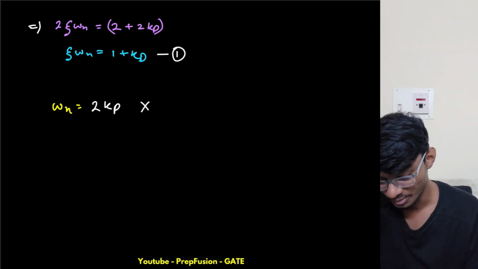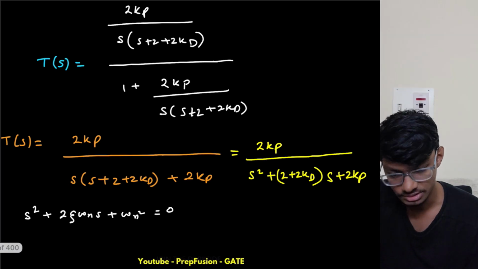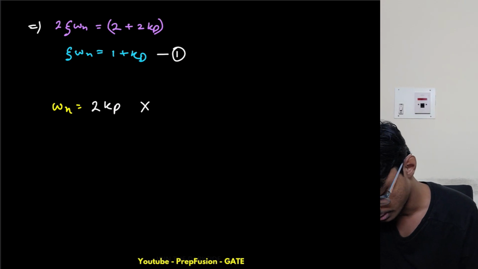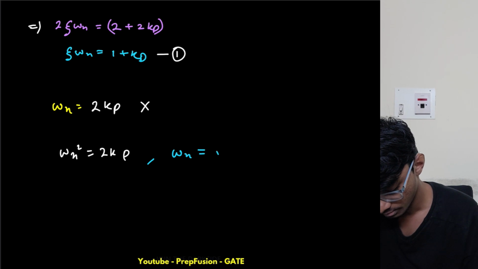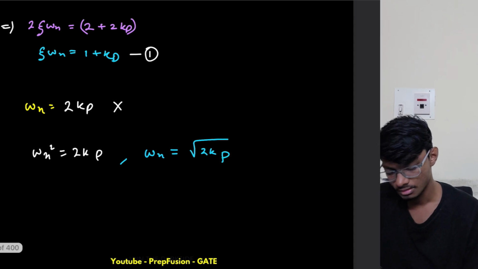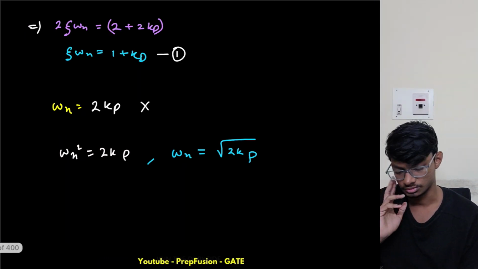No, right? So omega n square equals 2 kp, and my omega n equals under root 2 kp. Okay, so this is what omega n is equal to.